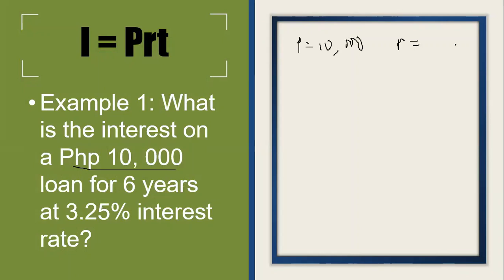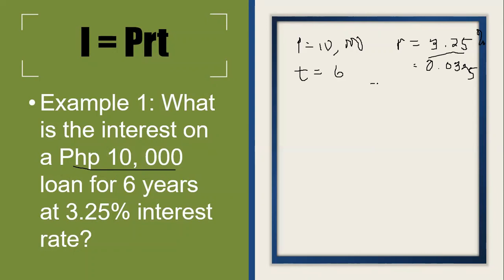Our rate is 3.25% divided by 100, so we have 0.0325. And then we have our time, which is 6 years.